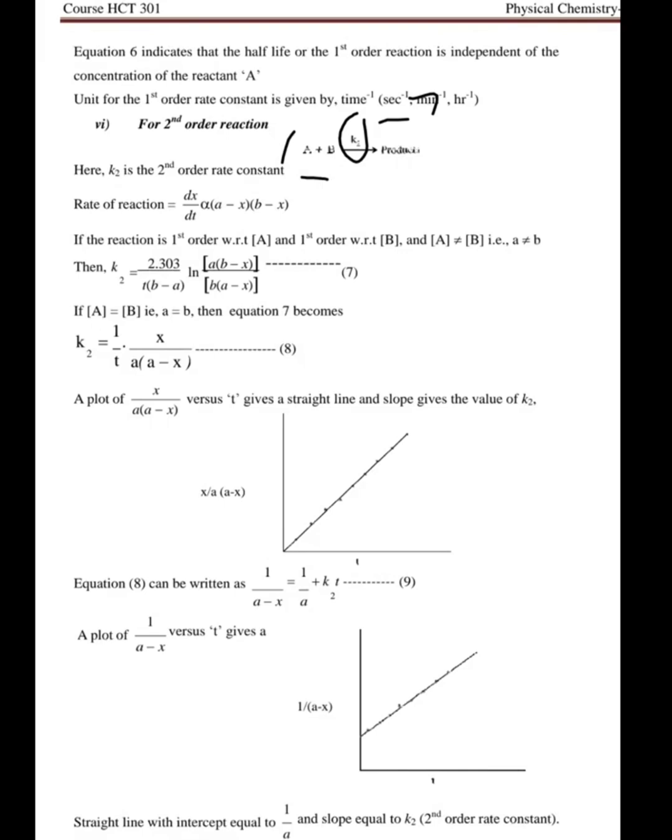B is the initial concentration of the reactant B. The small b denotes the initial concentration of the reactant B, and x is nothing but the amount of A or B transferred to the product. After the reaction takes place, this is how much product is formed.